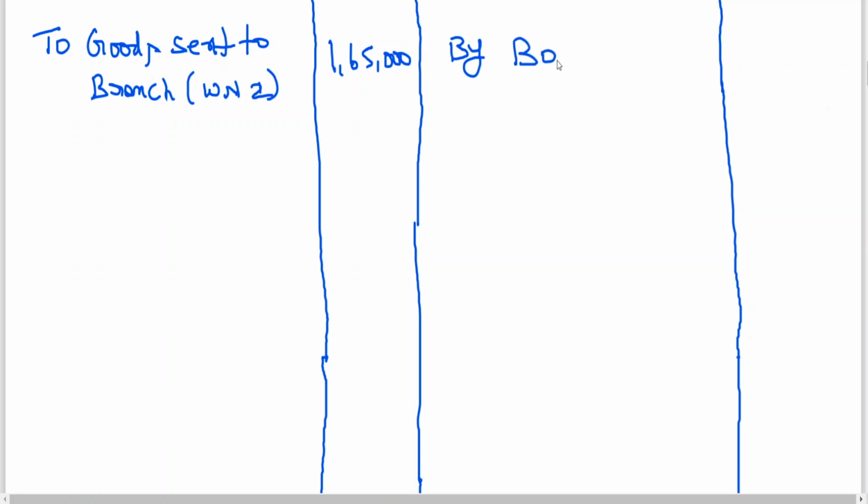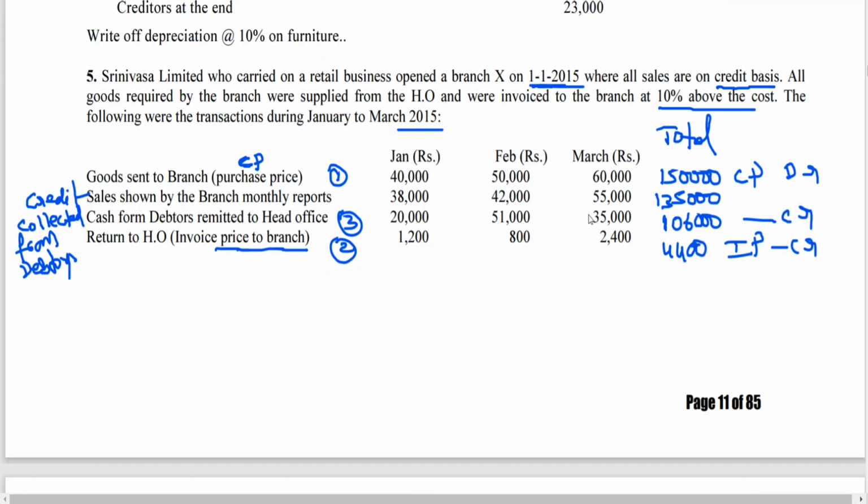Then by bank, amount remitted. We have calculated total amount remitted, cash from debtors remitted to head office. If you add the total, it is coming to 1,06,000.